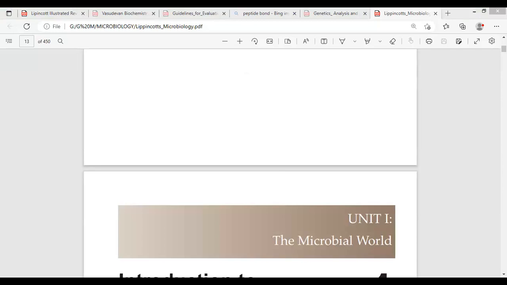First one is just basic introduction to bacteria. Just a second. Yeah, bacterial classification, structure, and function.